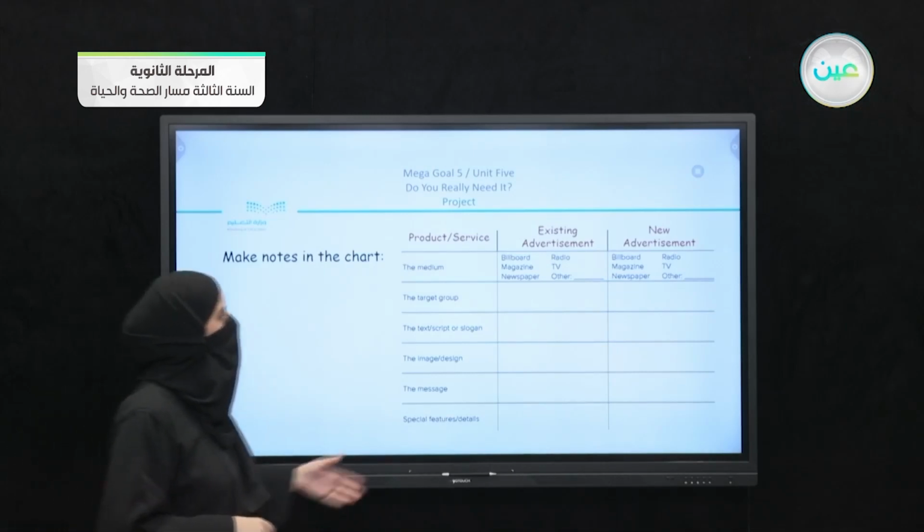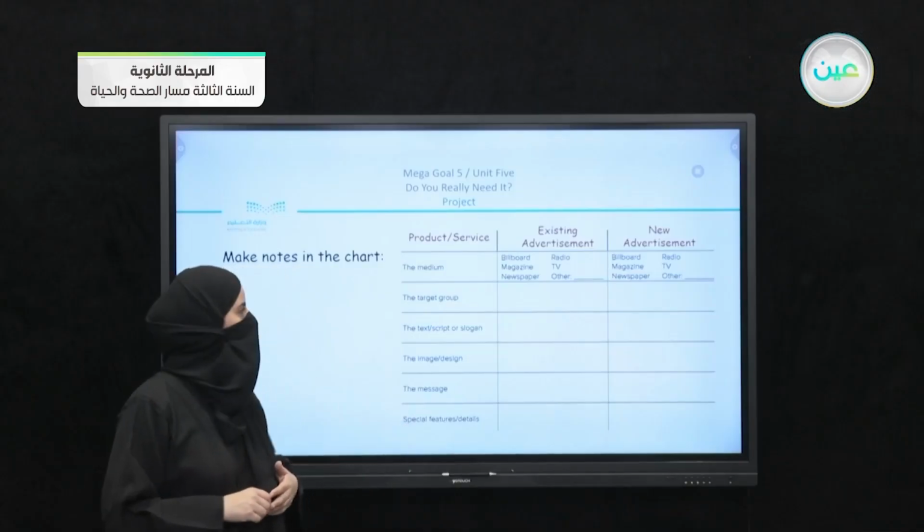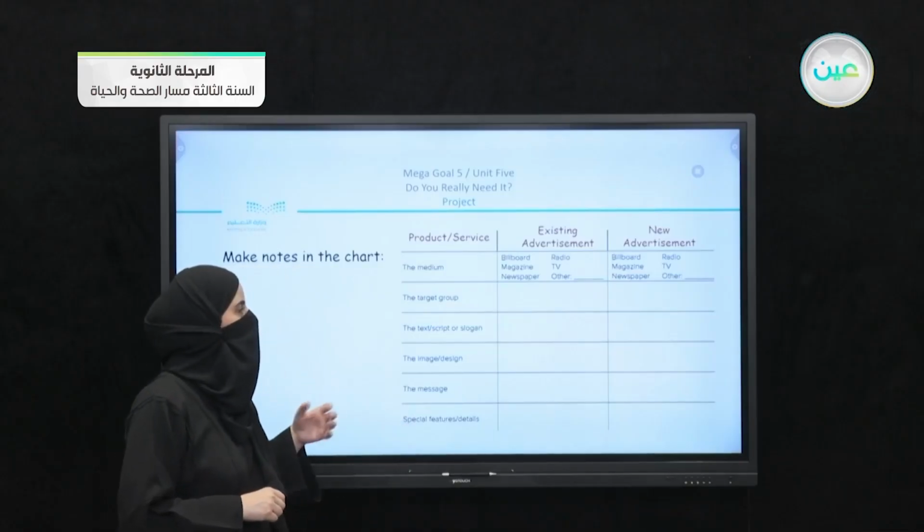Of course, we are going to here analyze the existing advertisement. So it can be billboard, radio, magazine, TV, newspaper, or any other method. The target group, who is it directed to? The text script or the slogan.